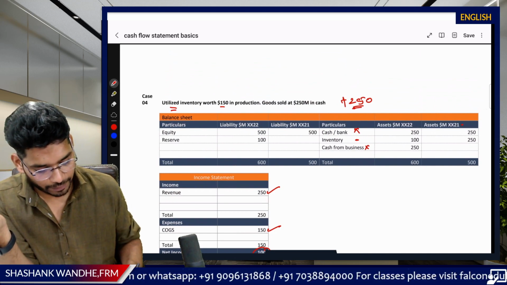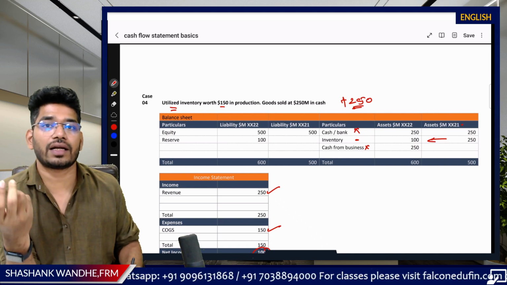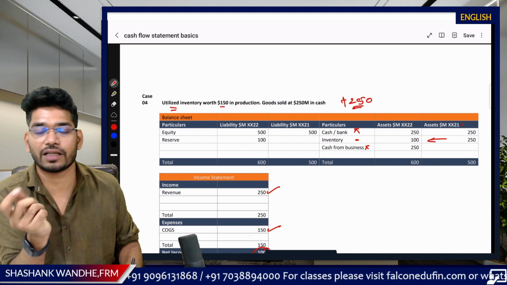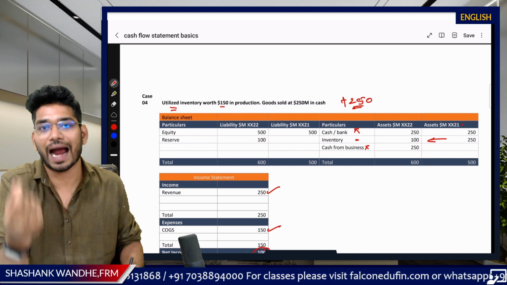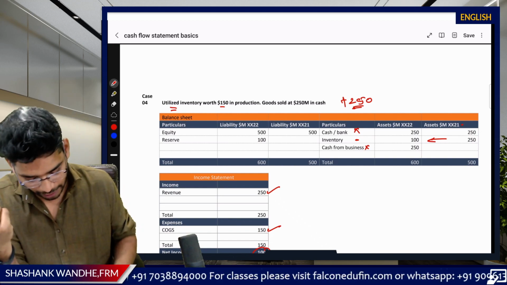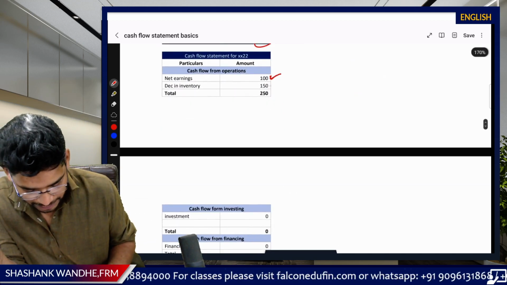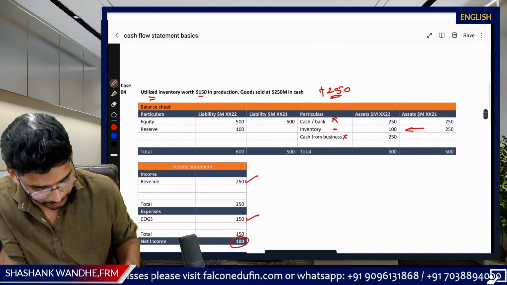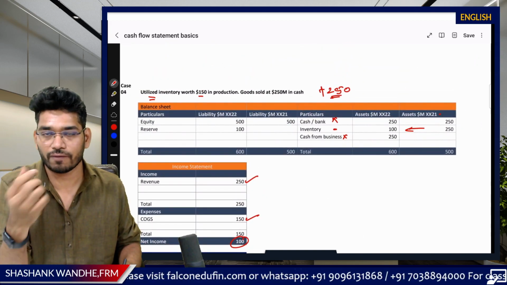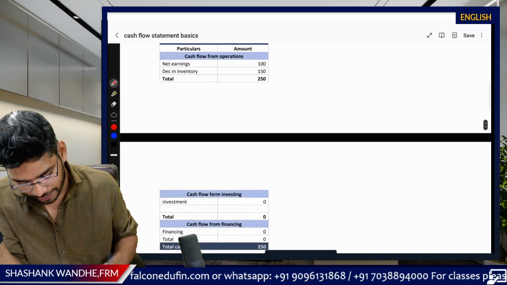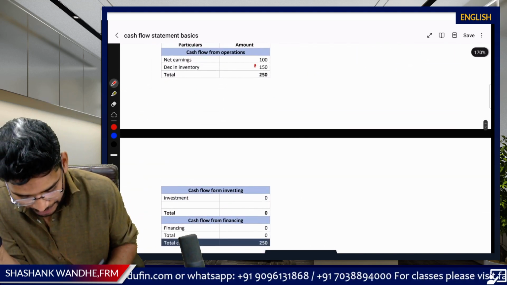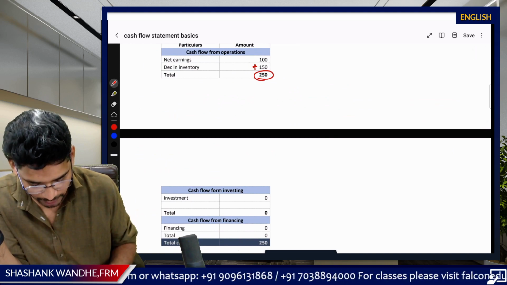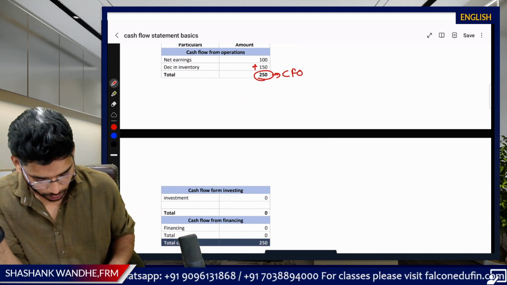Only the inventory part. So is this an increase or decrease in the inventory? This is a decrease in inventory. So decrease in inventory, we will add it into the net income. Decrease in inventory of 150, right? So 250 minus 150, 100 million. Decrease in inventory of 150 should be added here. And you have your CFO and total cash flow.